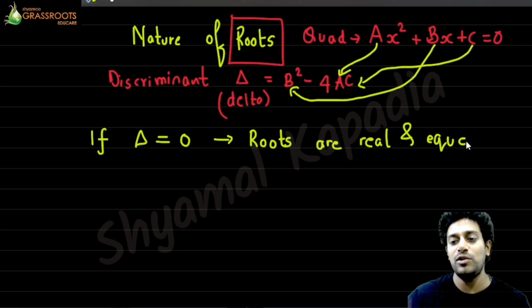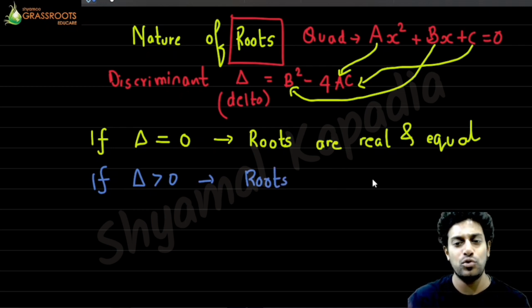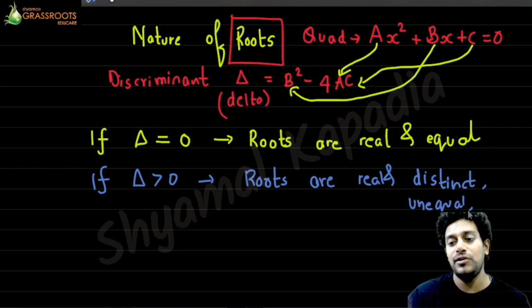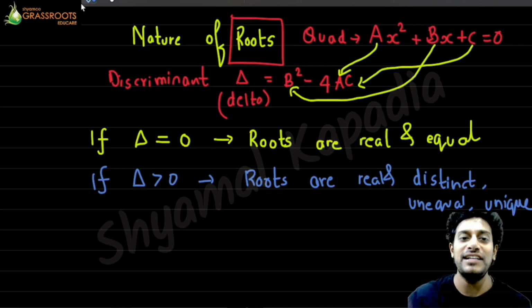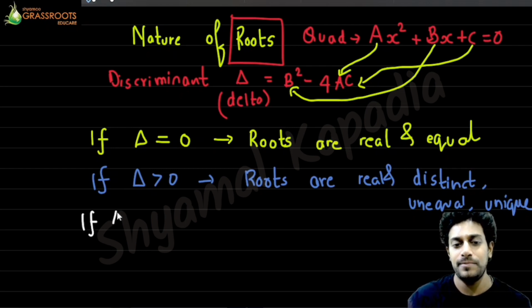Okay, next, अगर answer 0 नहीं आया, if the answer is greater than 0, then I will say that the roots are real and unique. अलग अलग answers हैं दोनों. Unique मतलब distinct, different, unequal. The roots are not the same. And अगर delta का answer negative आया after solving, obviously, if delta is negative, less than 0, then we say that the roots are imaginary.